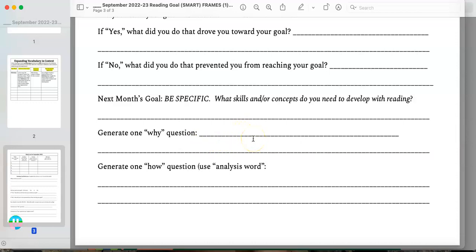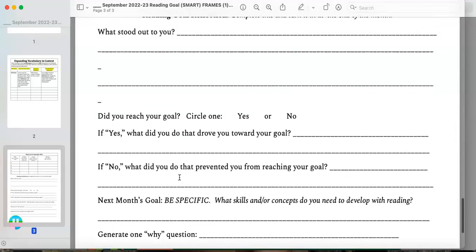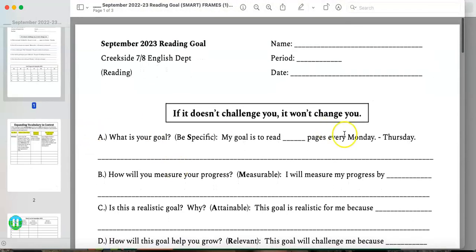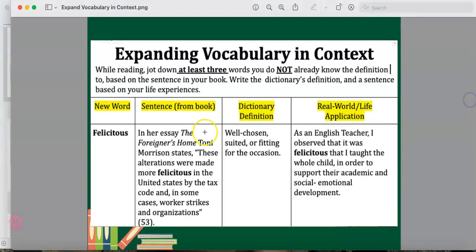It could be based on the character development. It could be based on setting. It could be based on the theme of the book. So they'll develop a why question and a how question, and we take time to practice that as well. So this is the process for working on expanding vocabulary in context.